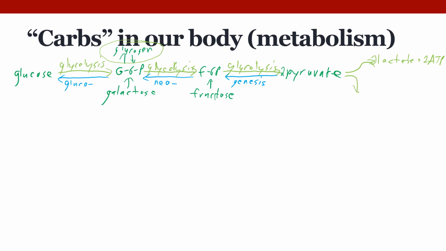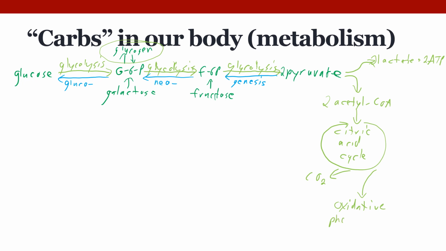If we have enough oxygen available, on the other hand, we can convert this to 2 acetyl-CoA molecules, which then enter the citric acid cycle, spitting out CO2 along the way, and also giving off high energy molecules that go to something called oxidative phosphorylation, which makes 34 net ATP.